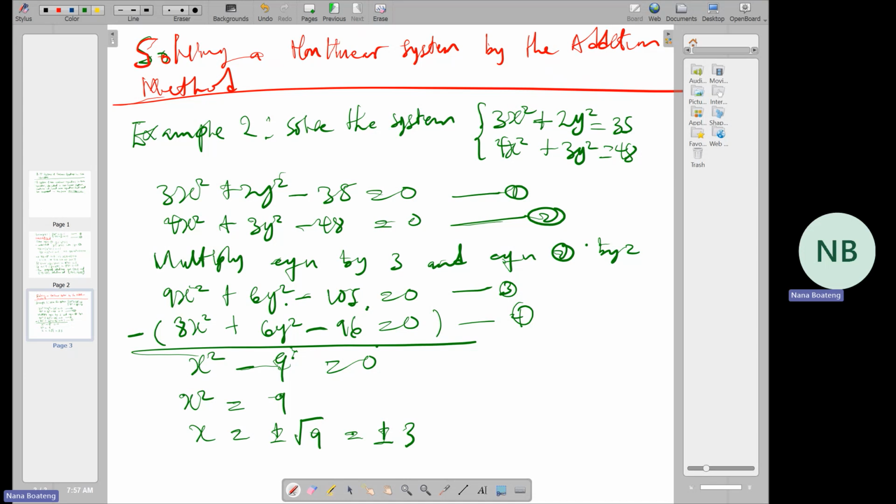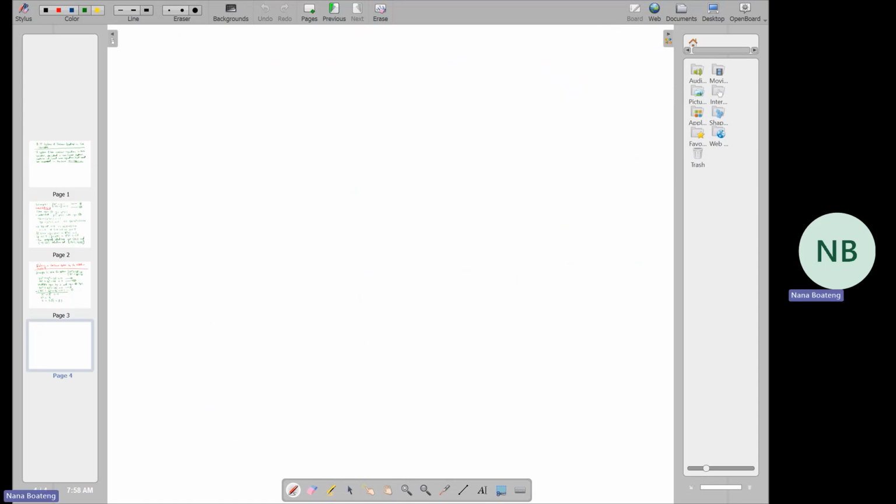All right, so now that we have the x values, let us try to find the y values. If x is equal to +3, and we pick the first equation, which is 3x squared plus 2y squared is equal to 35.